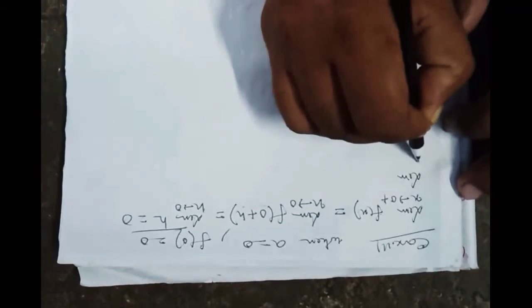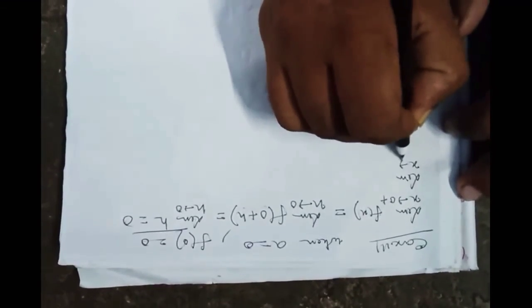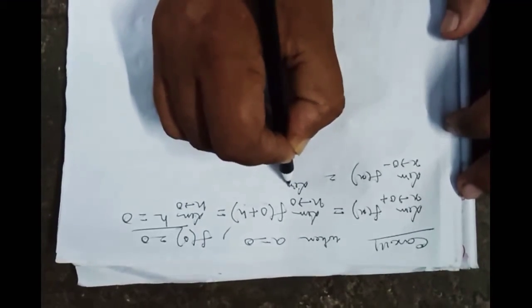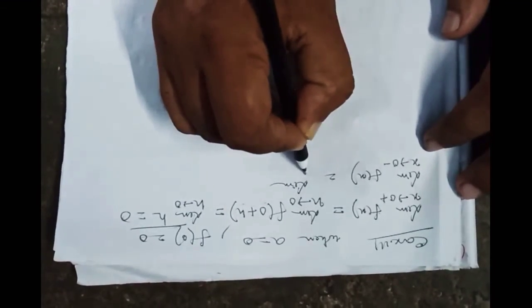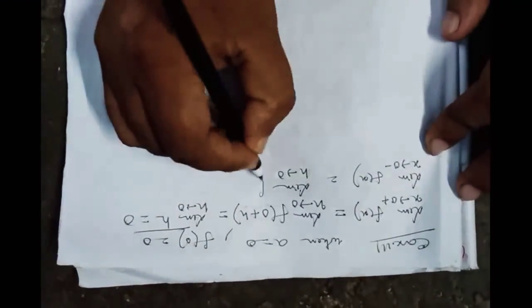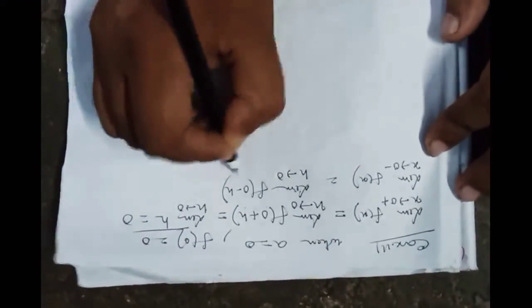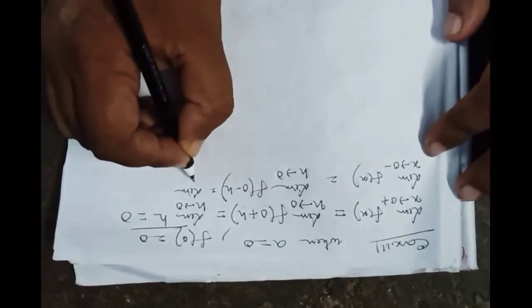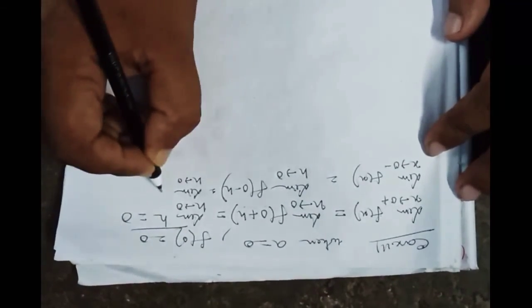Limit x tends to 0 minus f(x) equals limit h tends to 0 f of 0 minus h, that means limit h tends to 0 f of minus h.